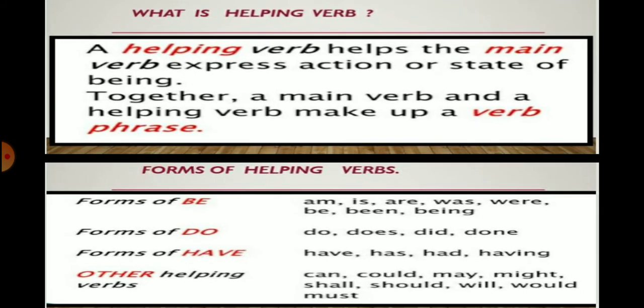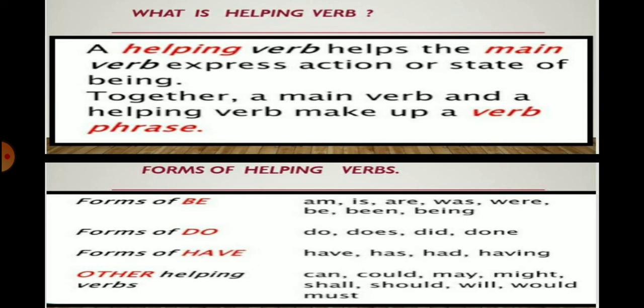Next, when we talk about the helping verbs, we all know that helping verbs are the verbs which help the main verb in order to express an action or a state of being. A helping verb has three forms that we already have discussed: the to be form, the to do form, and the to have form.